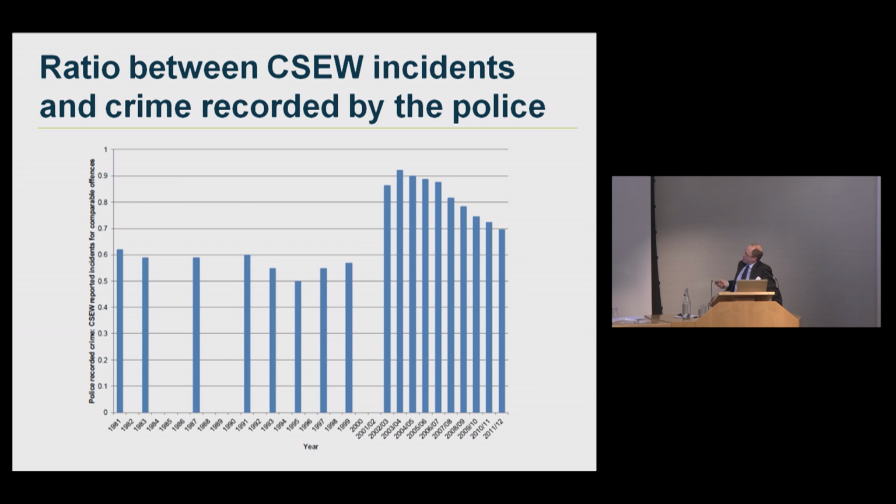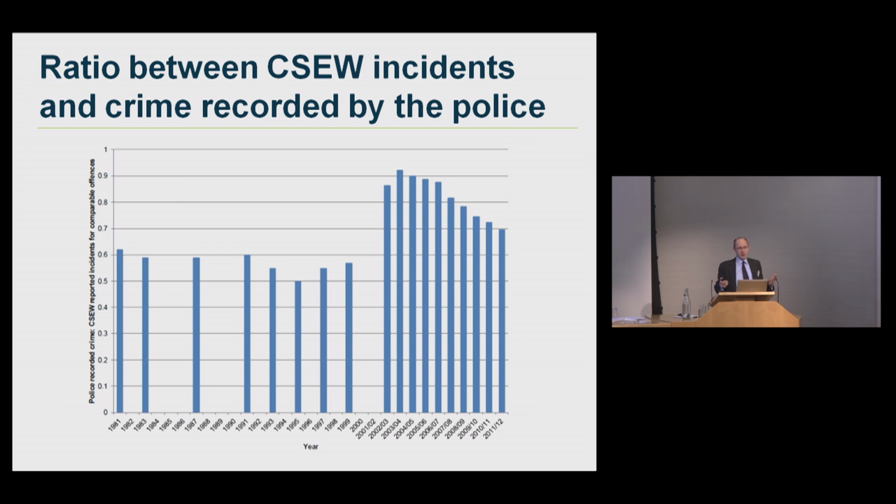Then in the early part of the 2000s, as a result of a new recording standard in the Home Office and auditing by the Audit Commission, we moved up to a position where 90% of the crimes that were being described by individuals when they answered a survey were being recorded by the police. About here, the Audit Commission stopped doing the audits, and we've moved from a peak of 92% down to 70% now.